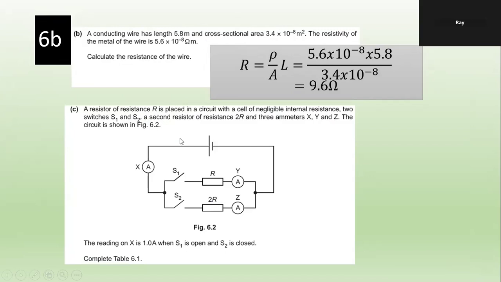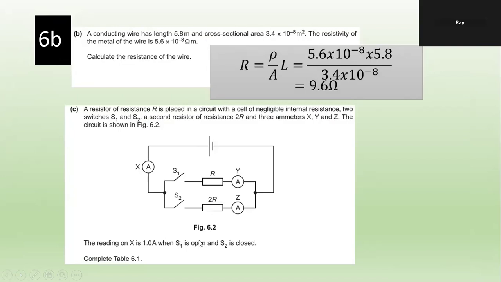A resistor of resistance R is placed in the circuit with a cell of negligible internal resistance, two switches S1 and S2, a second resistor of 2R, and three ammeters. These are three ammeters, X, Y, Z. The reading of X is 1.0.